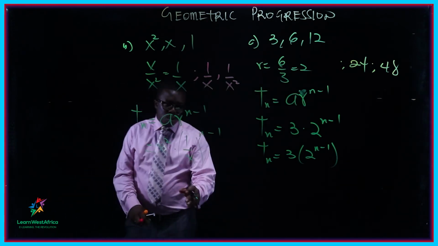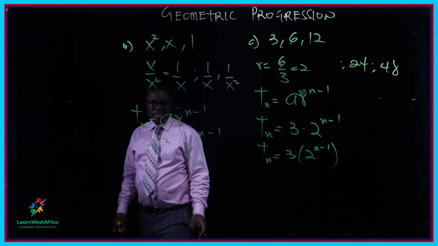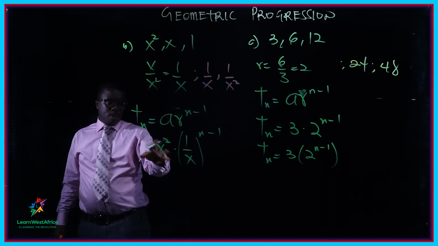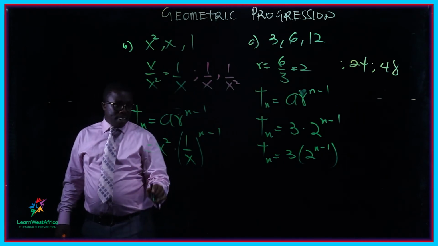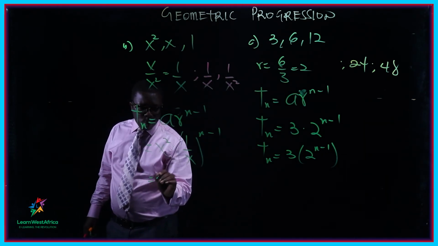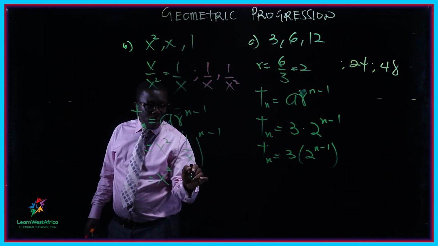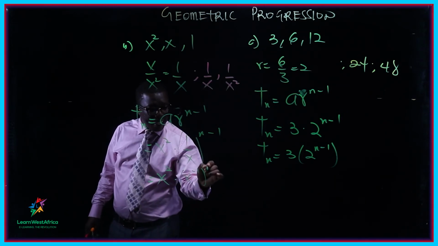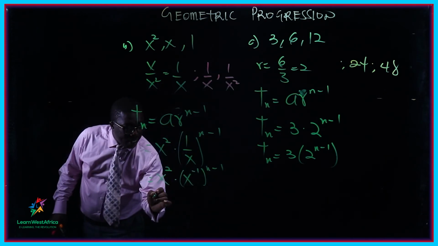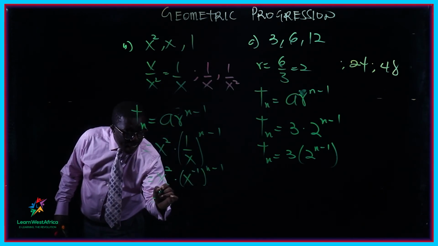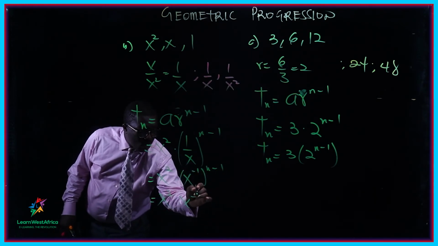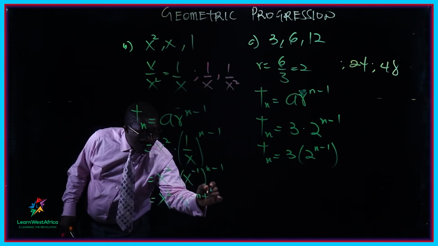We should be able to resolve that since the denominators have a constant base. This is going to give you x squared times x to the power minus (n minus 1), which gives minus n plus 1.